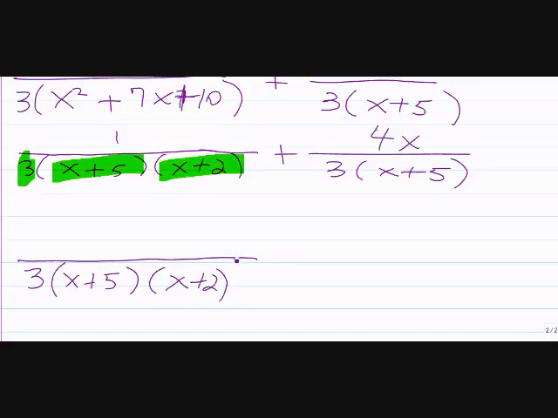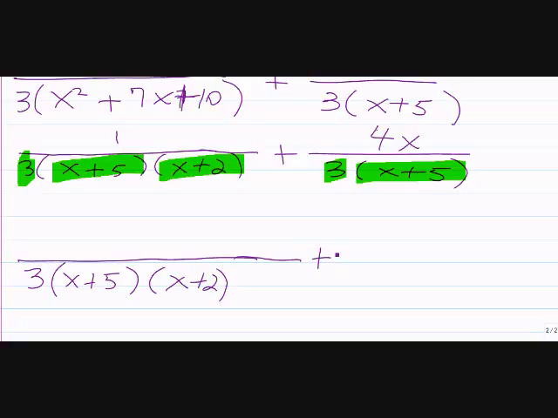And it needs the 3 from the fraction on the right. Already there. Don't need to write it again. And the x plus 5. Already there. Don't need to write it again. So my common denominator is 3 times x plus 5 times x plus 2.